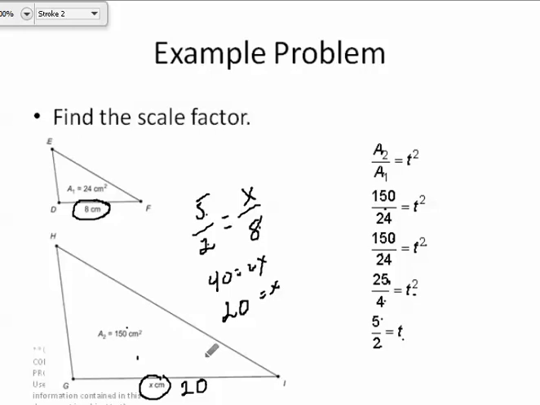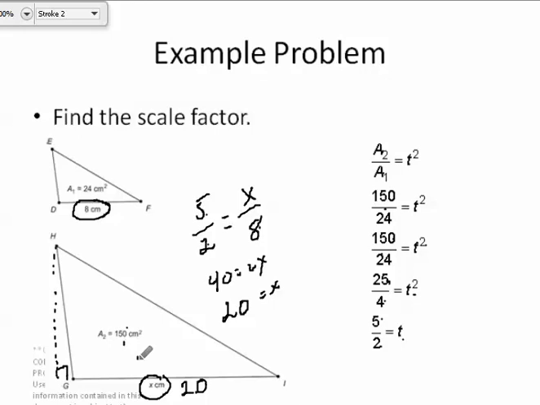Okay? Do you know what? We could also find the height here. How could I find that height? Well, we know that it's got an area of 150. 150 divided by 20 will give me 7.5.